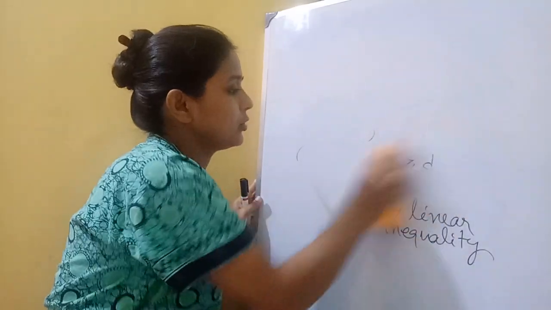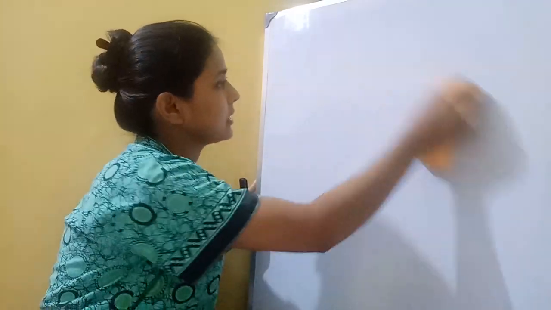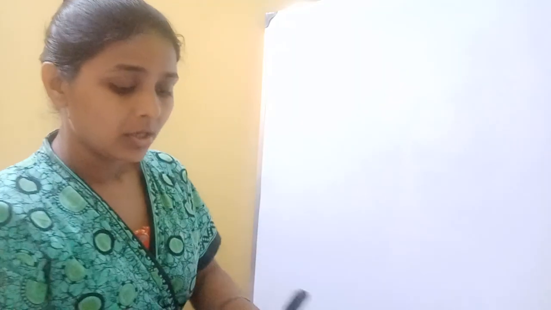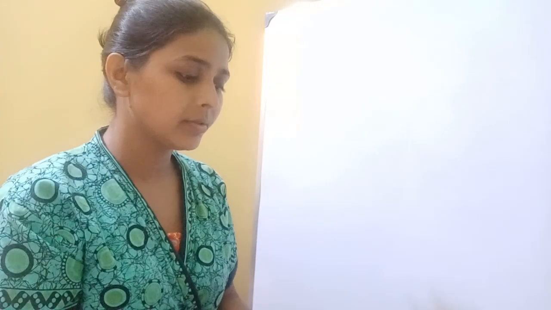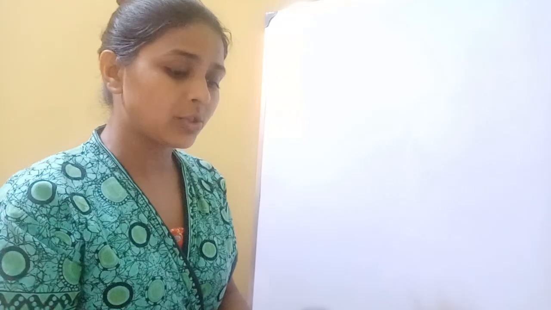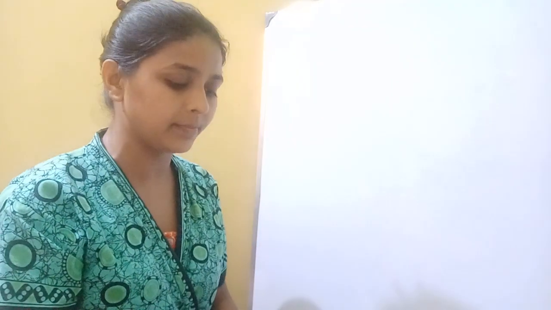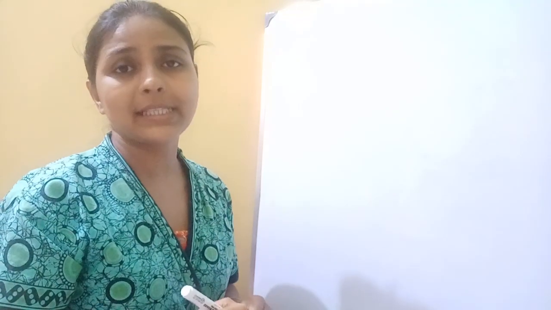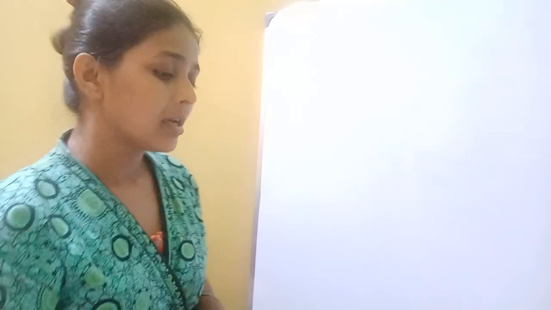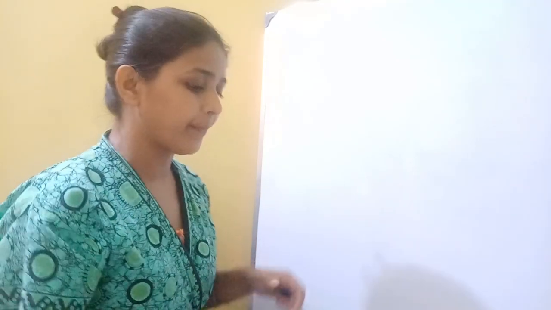Now we will be doing some examples so that the concept can be better understood. So I have my book and we will be solving some of the questions from exercise 6.1. Exercise 6.1 questions will be on your screen, and you can open your own book also.